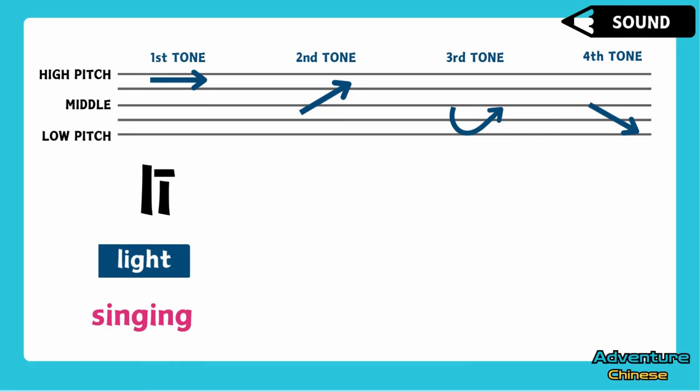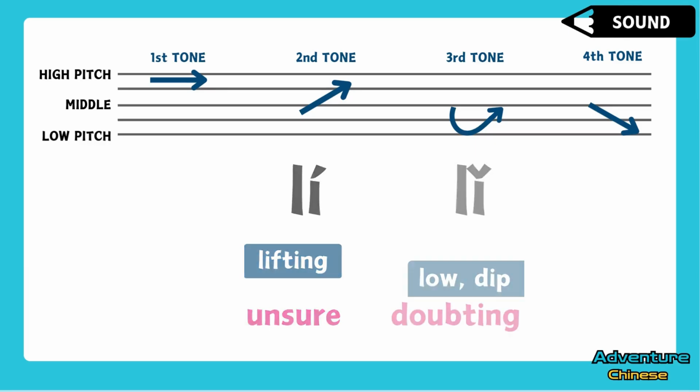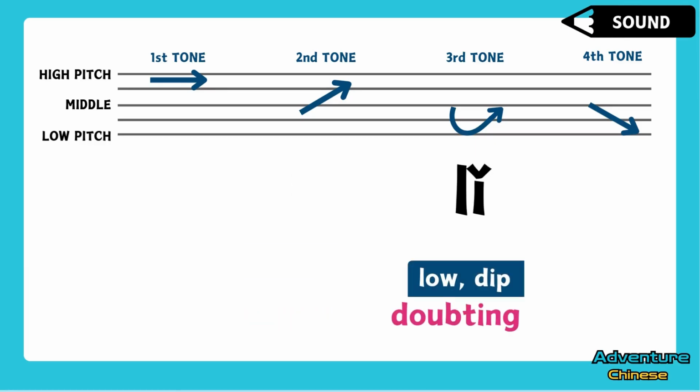The first tone is happy and light, like a singing practice. The second tone is unsure with a rising pitch. The third tone expresses strong doubts with a deep and low pitch.